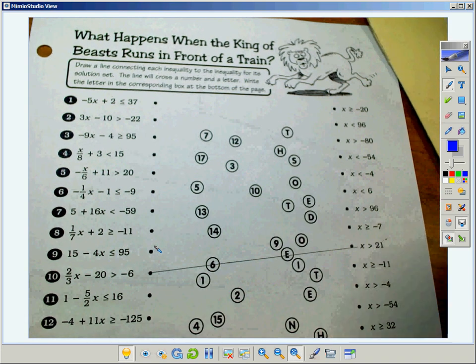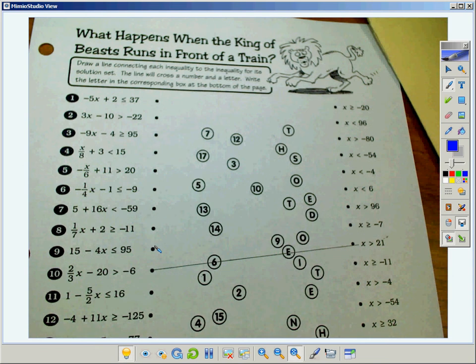And you'll see that it went through what? 2, 6, and 8. It went through the center of 6 and it went through the center of E. If you've done it and it goes through more than one number and one letter, you did something wrong. You need to go back and rework it. It'll always go through exactly one number and one letter.